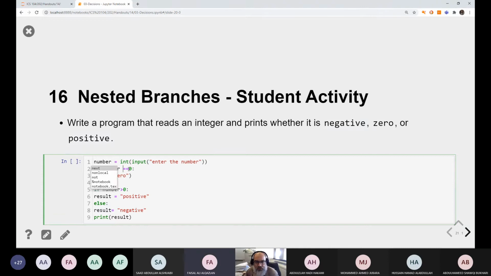Fine. So let's check this out. Number equal int, input, enter the number, right? And it's better to have a space so that it will look nice when we put the input. If number is equal to 0, then print 0, else. Now another if, if number is greater than 0, then result equal positive.